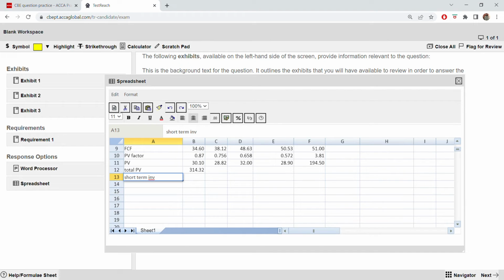Market value of short-term investment is 4 million. This 4 needs to be added. Keep this in 2 decimal places, which is the value of the firm.